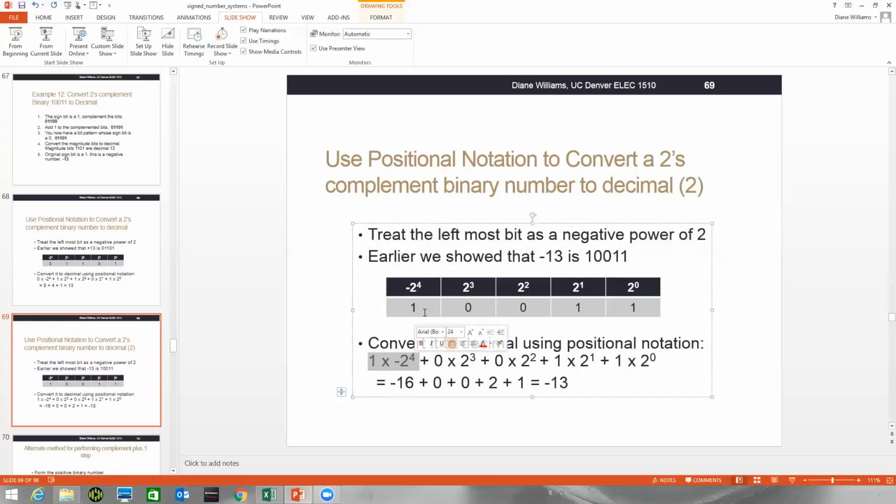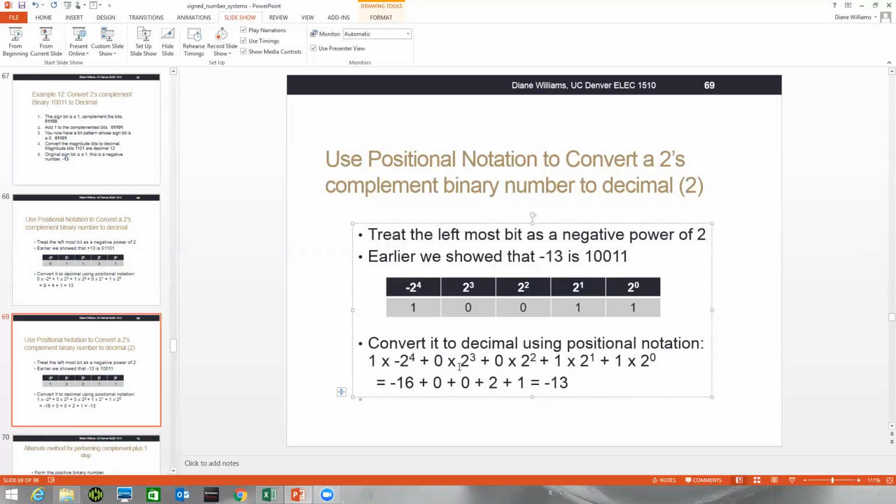Remember, the 1 stands for negative sign, right? This will be a negative 16 here. Plus 0 times 2 cubed, plus 0 times 2 squared, plus 1 times 2 to the 1st, plus 1 times 2 to the 0. Well, now this gives me minus 16, plus 0, plus 2, plus 1, minus 13.